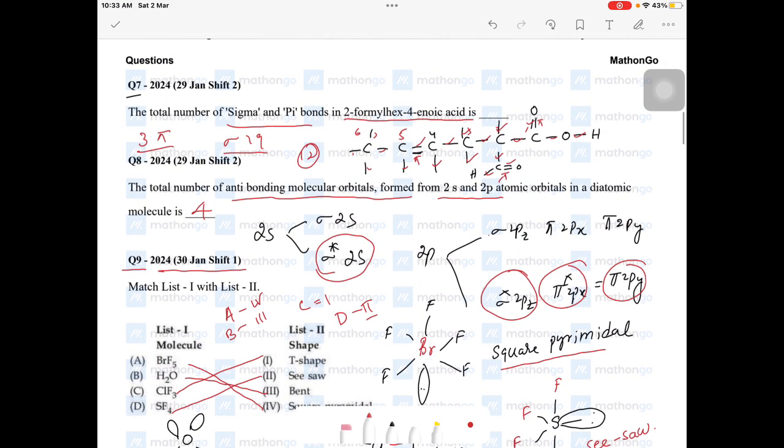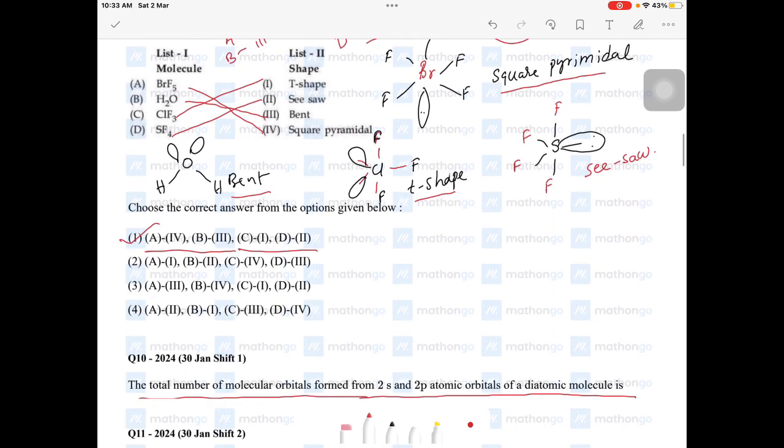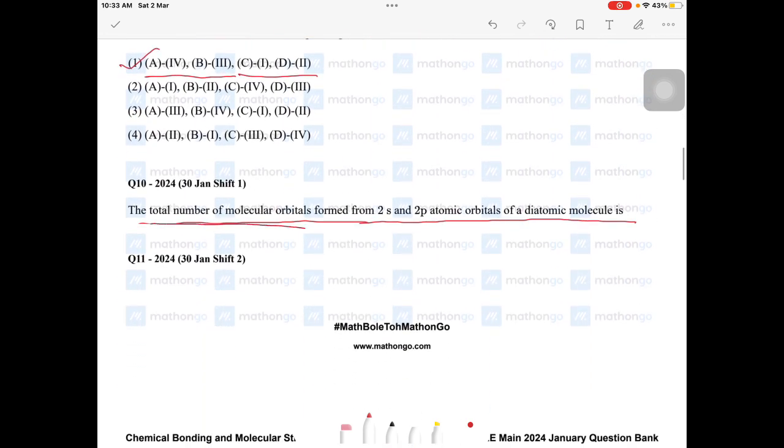See here, we discussed anti-bonding molecular orbitals 4, bonding molecular orbitals 4. 1, 2, 3, 4. So 4 bonding, 4 anti-bonding. Total number of molecular orbitals is 8.